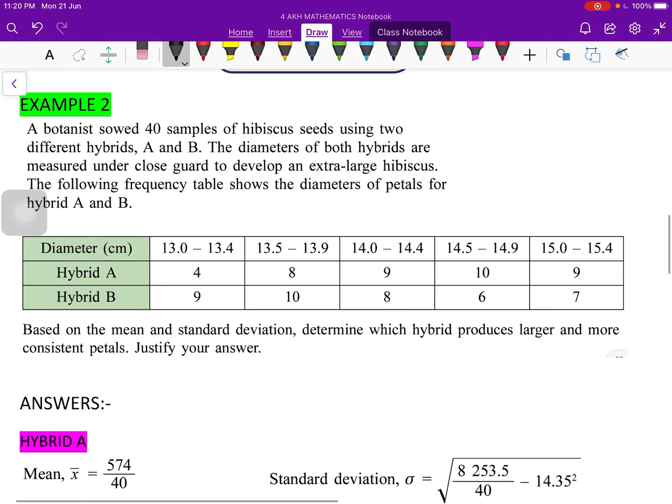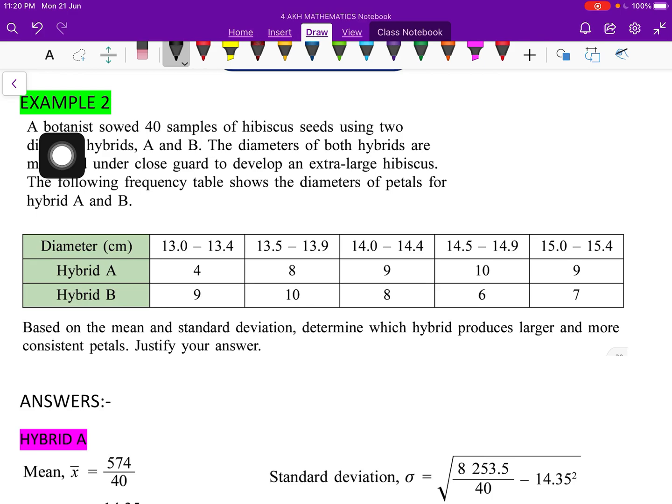Okay, so these 4 things that we can get from a group data. Alright, so example 2. A botanist sowed, tanam 40 samples of hibiscus seeds using 2 different hybrids, A and B. So we have two set of data. It's not different data. It's the same type of data, but there are 2 sets. The diameters of both hybrids are measured under close guard to develop an extra large hibiscus.